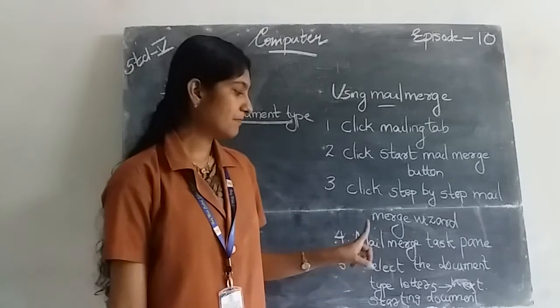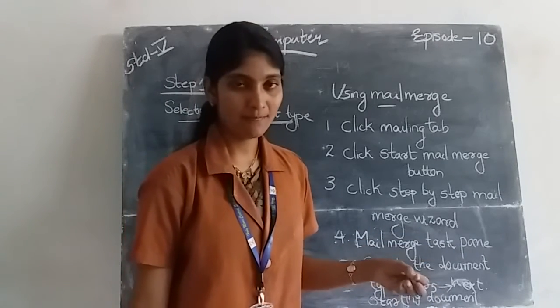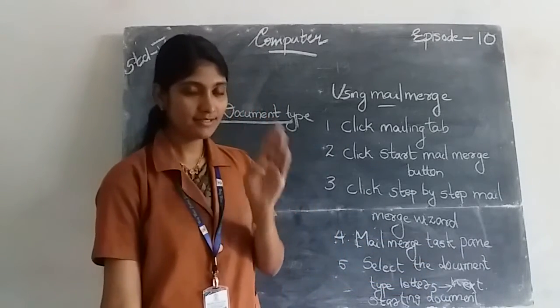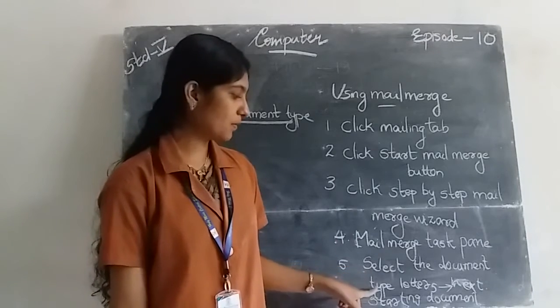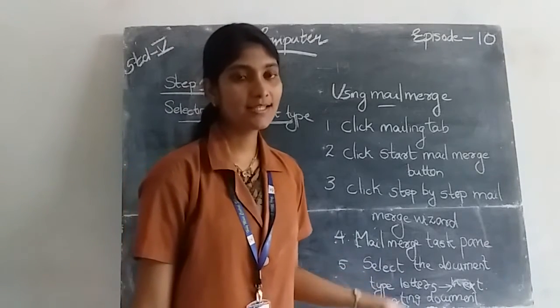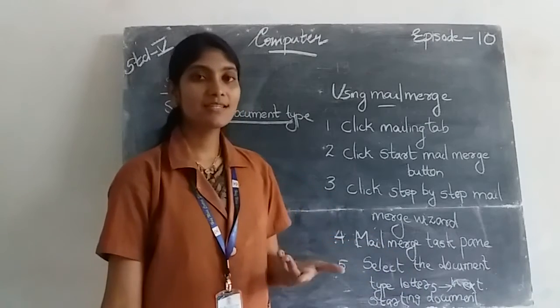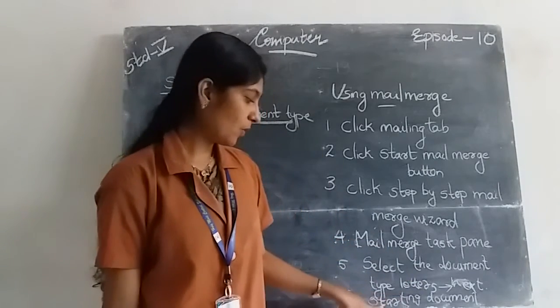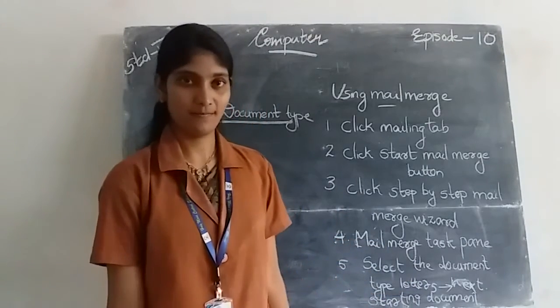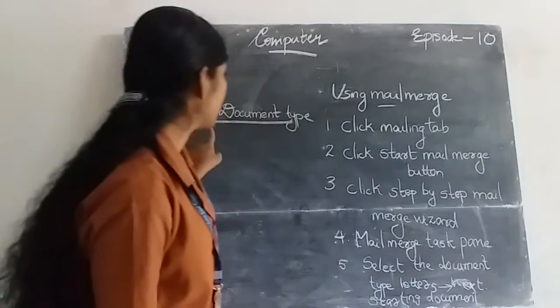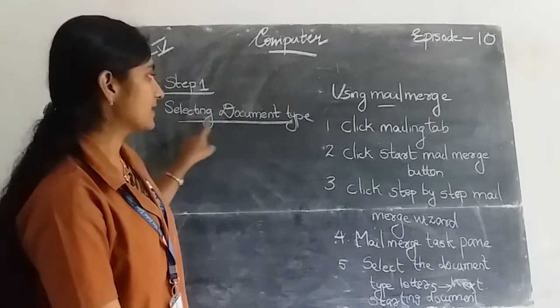Fourth step, the mail merge task pane appears on the right side of the screen, so set the document type to letters. Then next we are going to do the starting document.